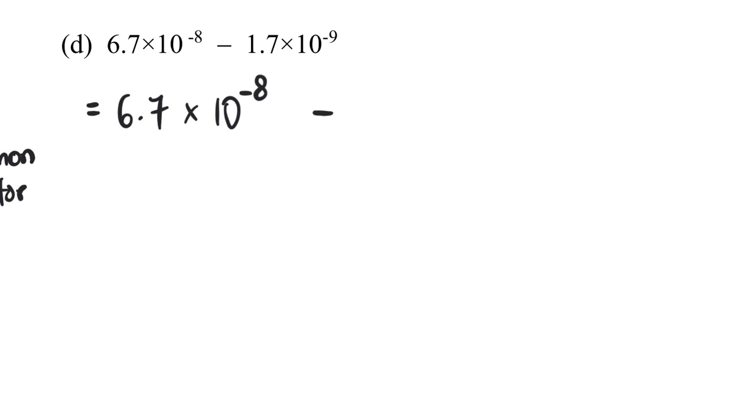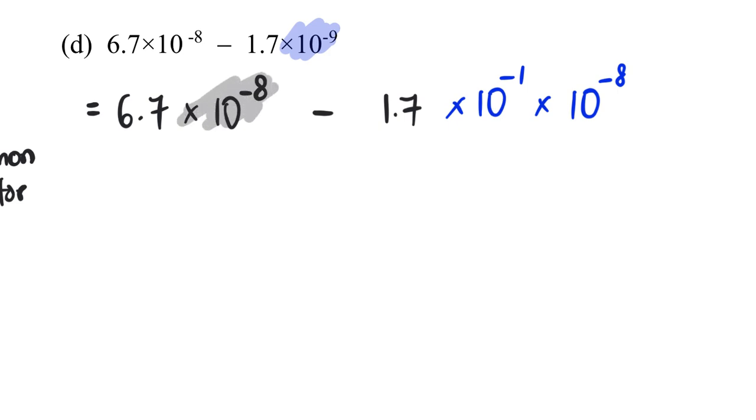So the 1.7 is still there, but I will write this as 10 to the power of negative 1 and 10 to the power of negative 8, because negative 1 plus negative 8 will give me negative 9. And there's a reason for this, because then I would be able to take out the common factor. This is the common factor, right?